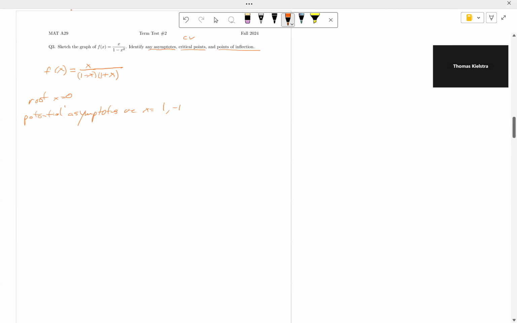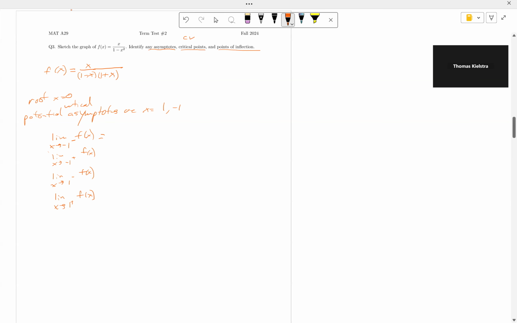Now, these are my potential vertical asymptotes. To understand if they're vertical asymptotes or not, we're going to take the limit as x approaches minus 1, but we're going to do the directional limits. We're going to start with the limit as x approaches minus 1 from the negative side of f of x, the limit as x approaches minus 1 from the positive side of f of x, the limit as x approaches 1 from the negative side of f of x, and the limit as x approaches 1 from the positive side of f of x.